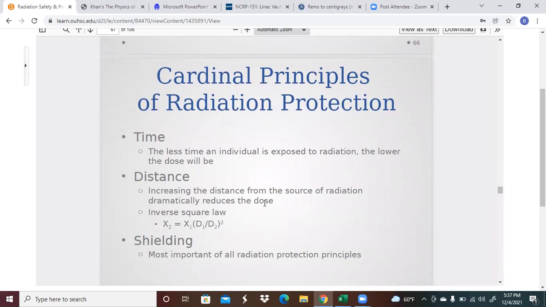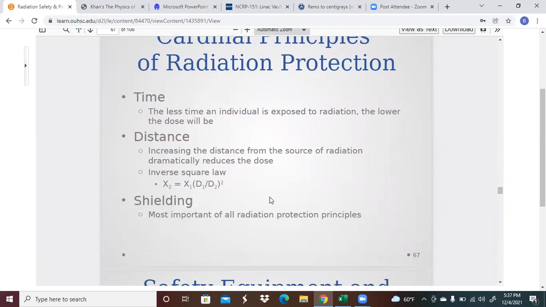Now, what are the cardinal principles of radiation protection? Time, distance, and shielding. So the less time an individual is exposed to radiation, the lower the dose will be. Increasing the distance from the source of radiation dramatically reduces the dose. And as a matter of fact, this is one of the best ways to protect yourself, because the inverse square law really does help you out considerably.